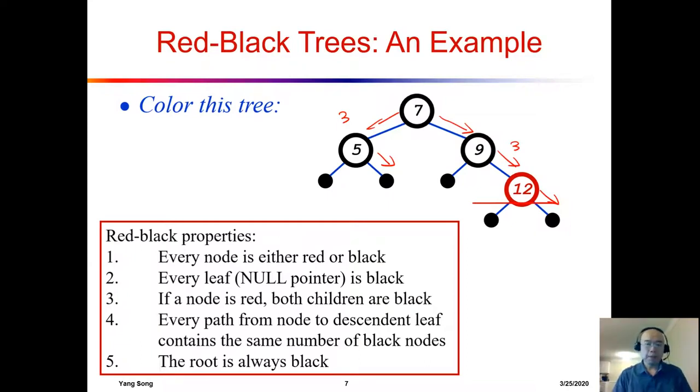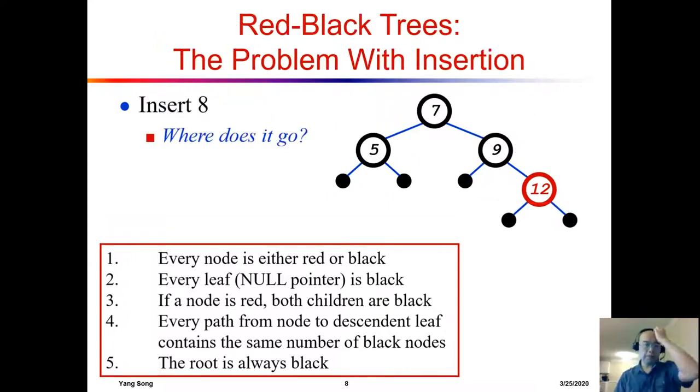Okay, the next part: if you want to insert an 8, where does it go? You may ask, wait, we haven't talked about insertion in a red-black tree yet. But remember, a red-black tree is an upgraded version of a binary search tree, so the rule of insertion works quite similarly.